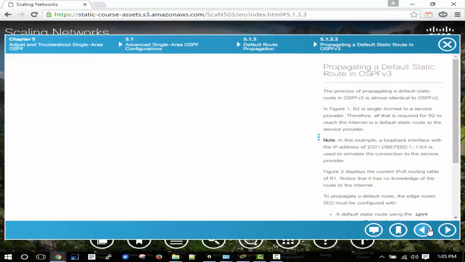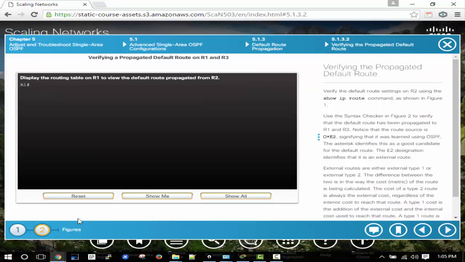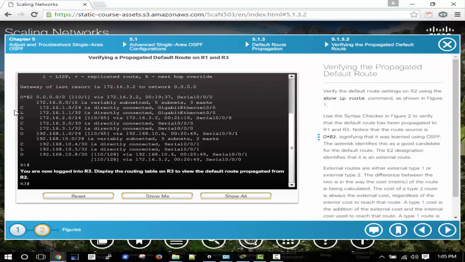So let's go back to the IP version 4 command and see if it shows that OE2. Yeah, OE2. See, we get a wildcard there: O asterisk E2. Asterisk, remember, means it's a default route, and E2 with OSPF.